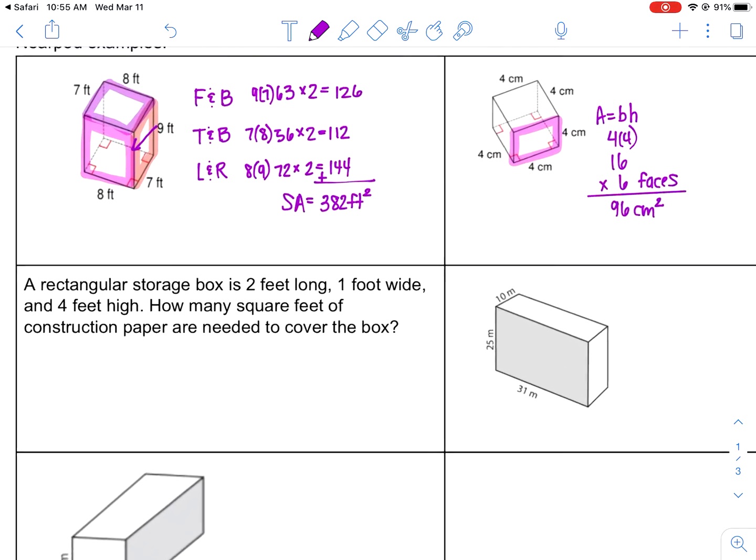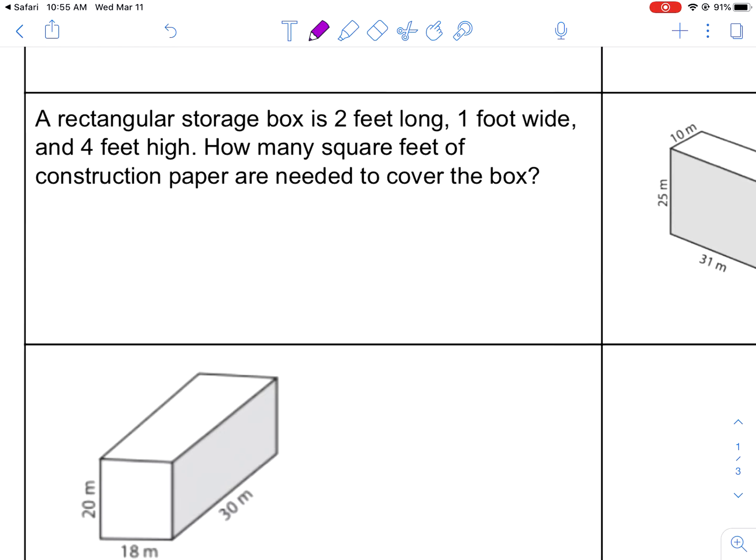All right, I'm going to go to this word problem next, which might require you to draw a picture. A rectangular storage box is 2 feet by 1 foot. I'm going to draw my box and label it 2 by 1. And it's also 4 feet high.